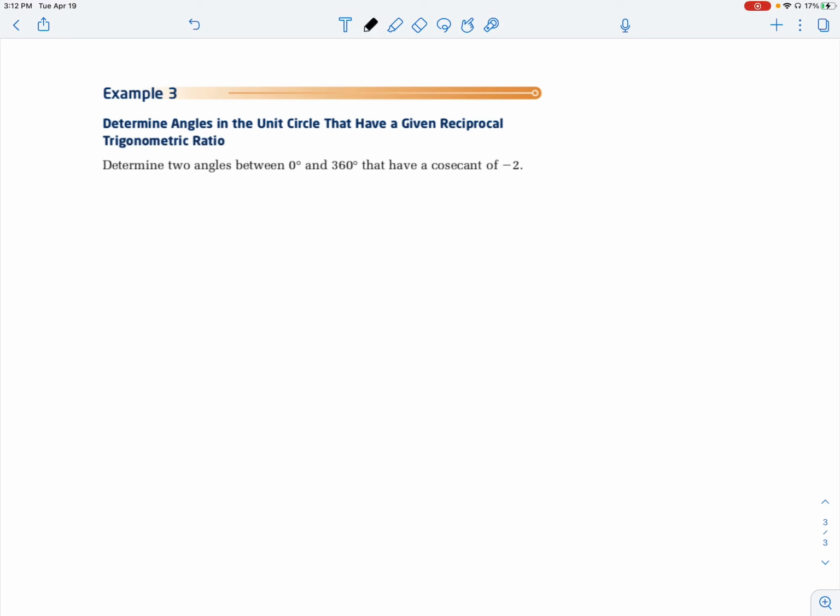So what that means is, I'm just going to draw a quick unit circle. It's not perfect, it doesn't have to be. It says find two angles that have a cosecant of -2. First off, I'm going to write the first angle as theta.